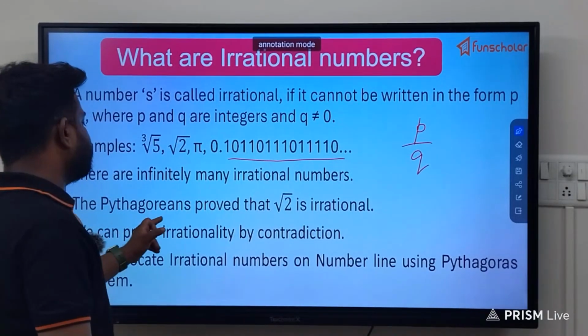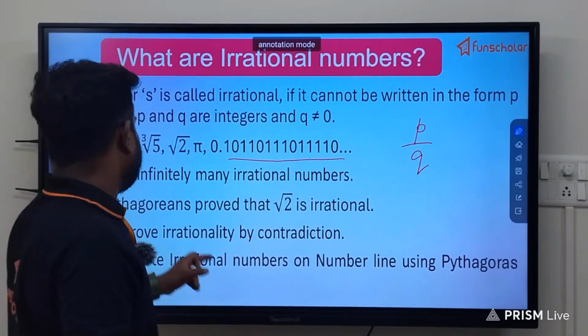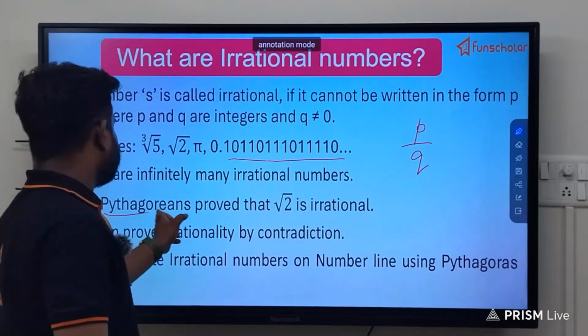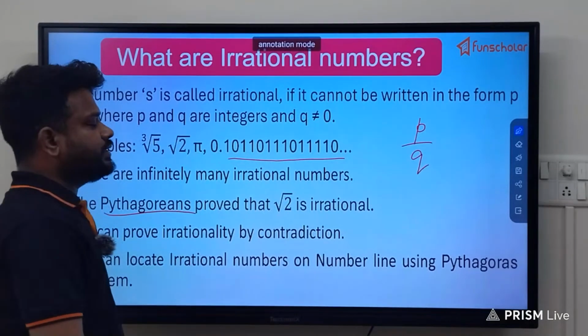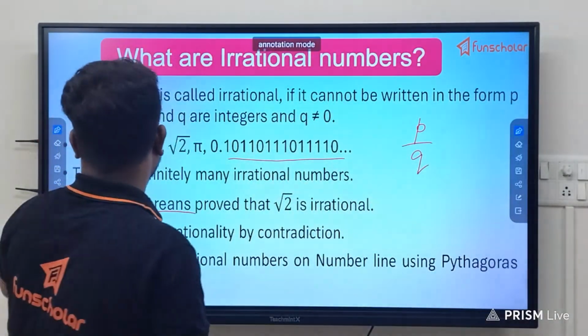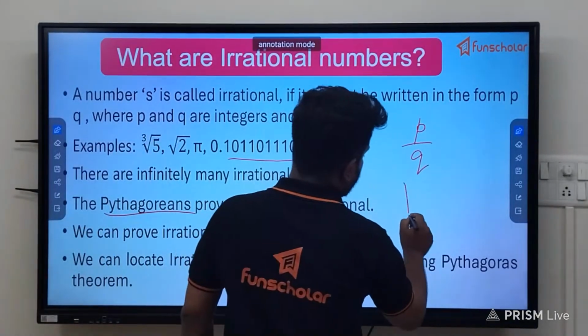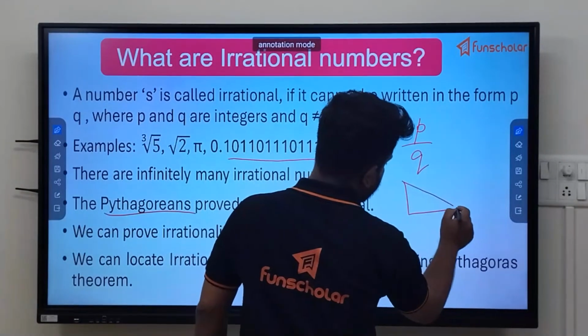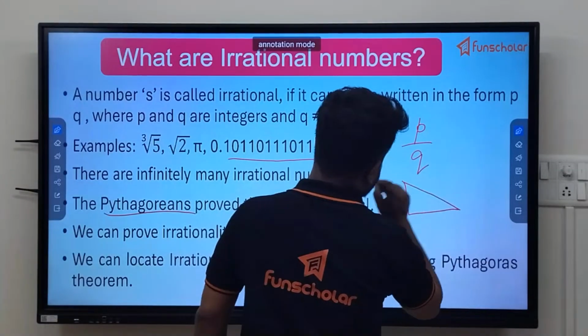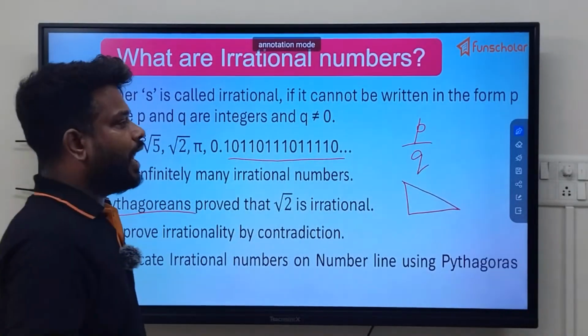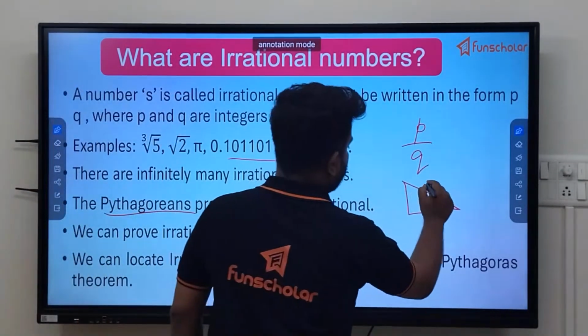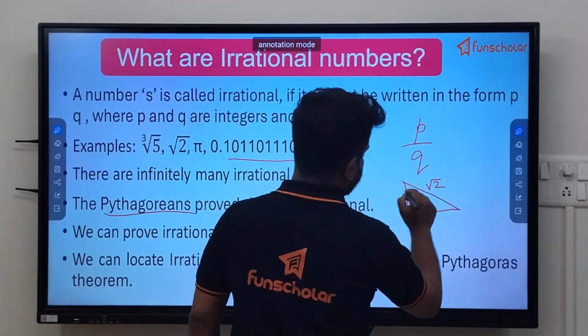The Pythagoreans proved that root 2 is irrational. We can also show this by placing a right angle triangle and placing root 2 here.